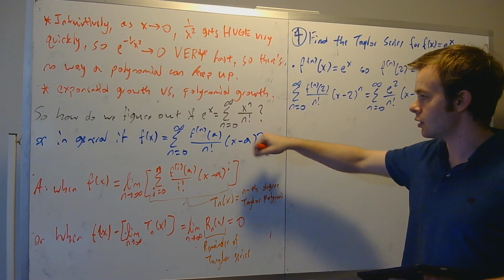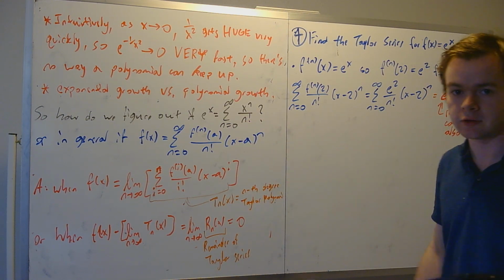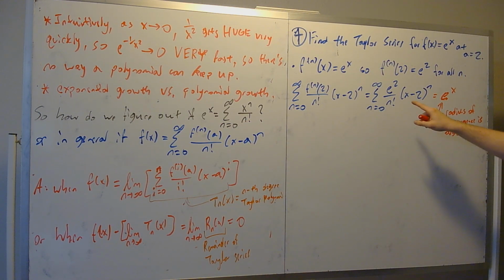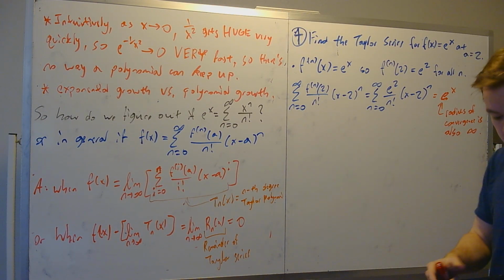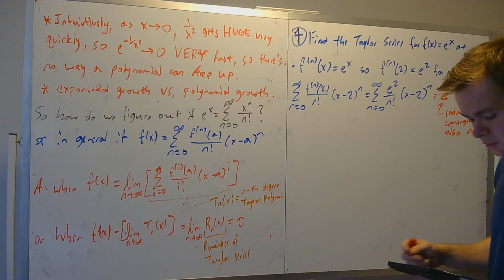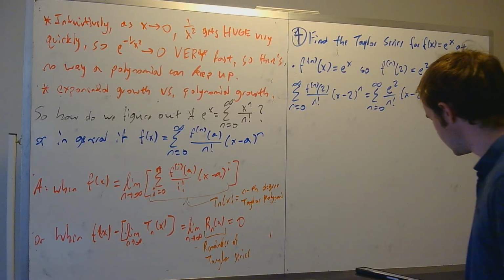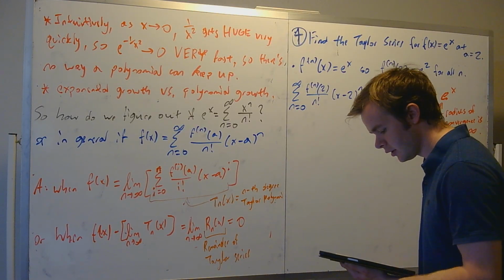So if you're picking values of x that are close to 0, this is probably the more convenient one to use. But if you're picking values of x that are closer to 2, then this is probably the more convenient one to use. It's just a different Taylor series for a different value of a. Okay, now let's go over the last example.